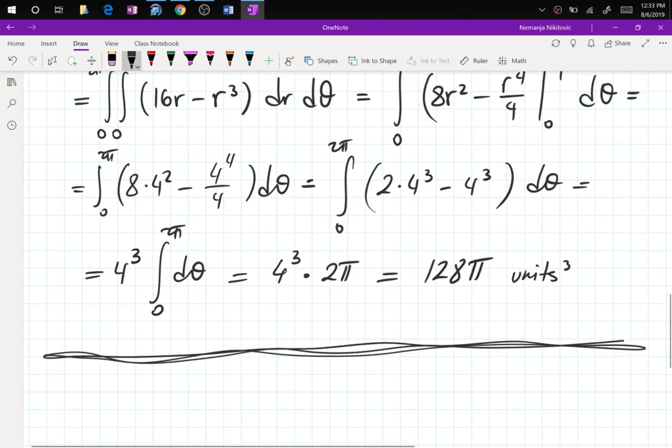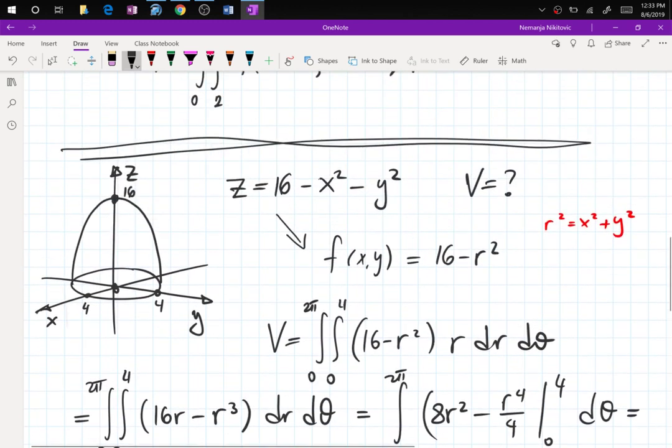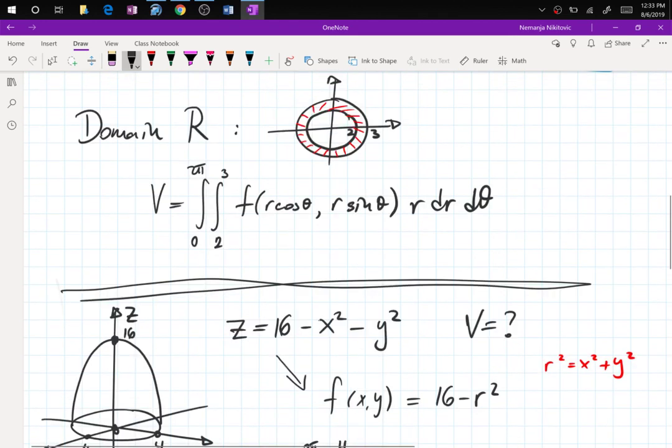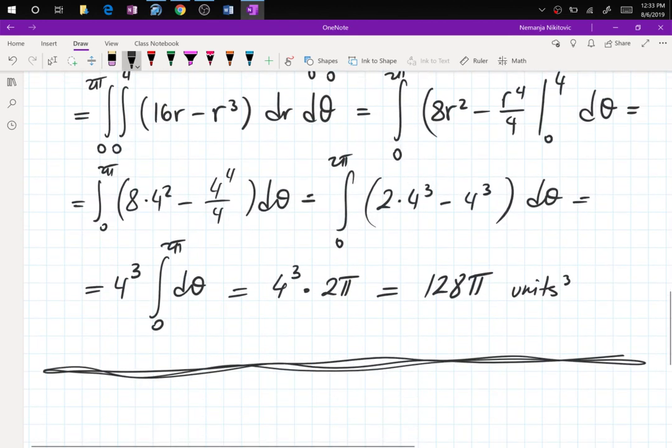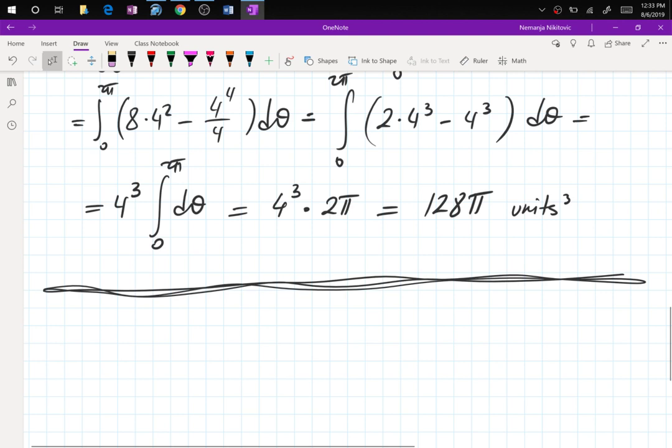So that's the simplest possible integration for polar coordinates, because all of the values are given as numbers. Now I like this problem a lot, like the shape.